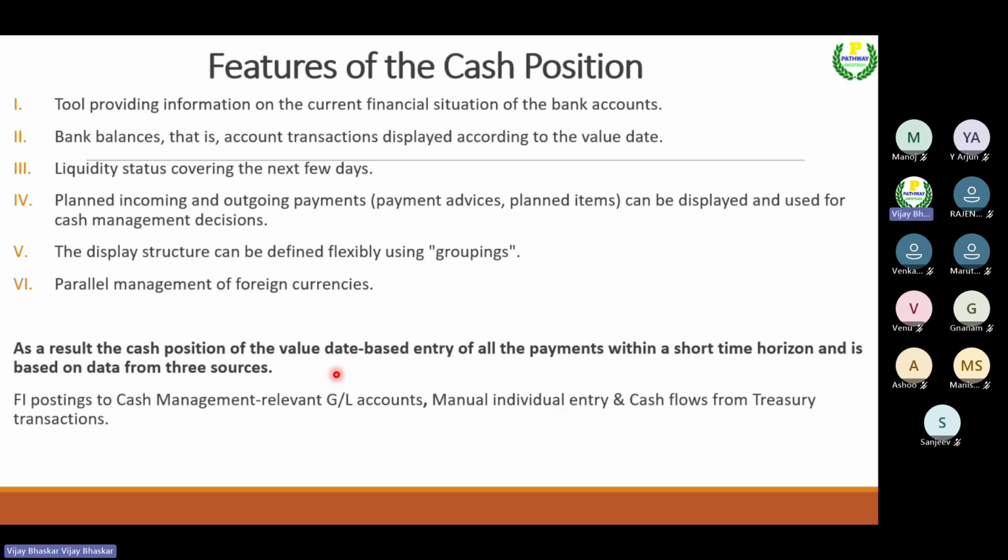The cash position is basically value date based. When you post a document, based on the net due date or the baseline date, the value date will be populated at the document level. If you want, you can check that one. Then based on that, the system is going to do the planning by considering all this information.